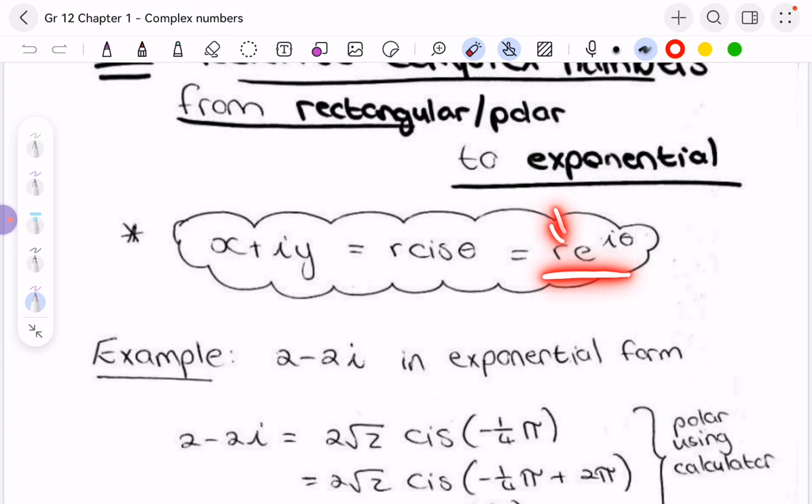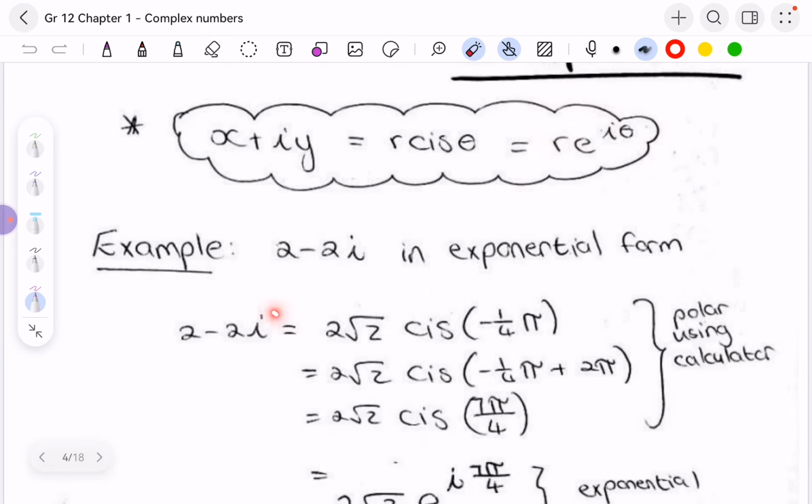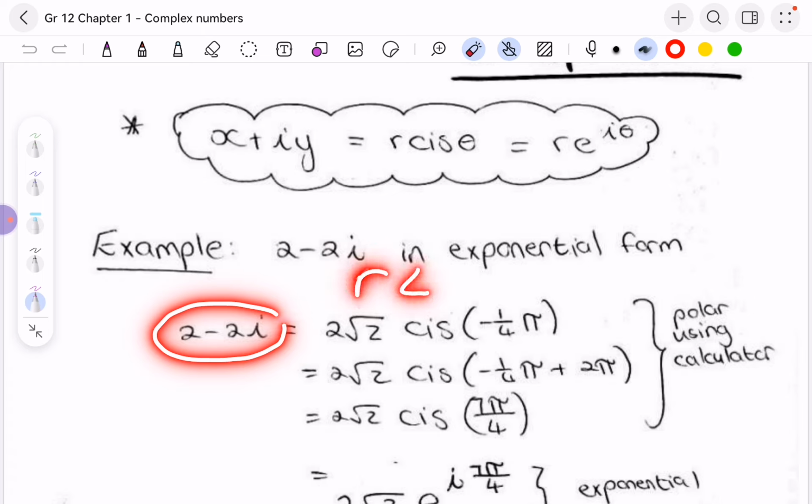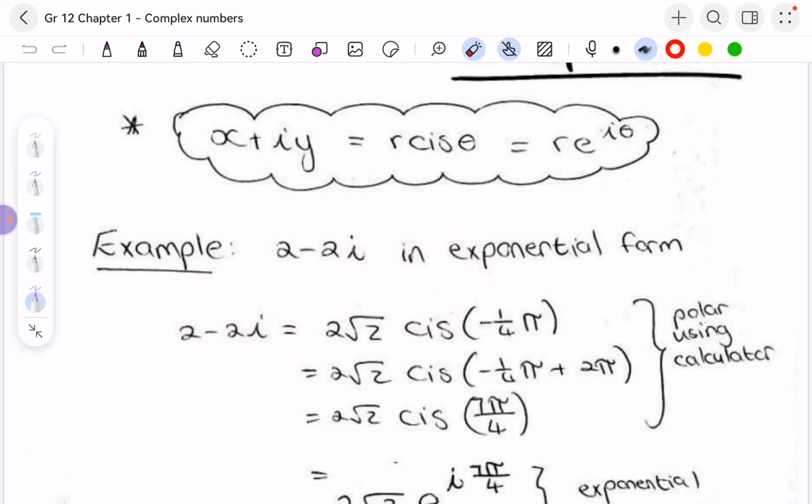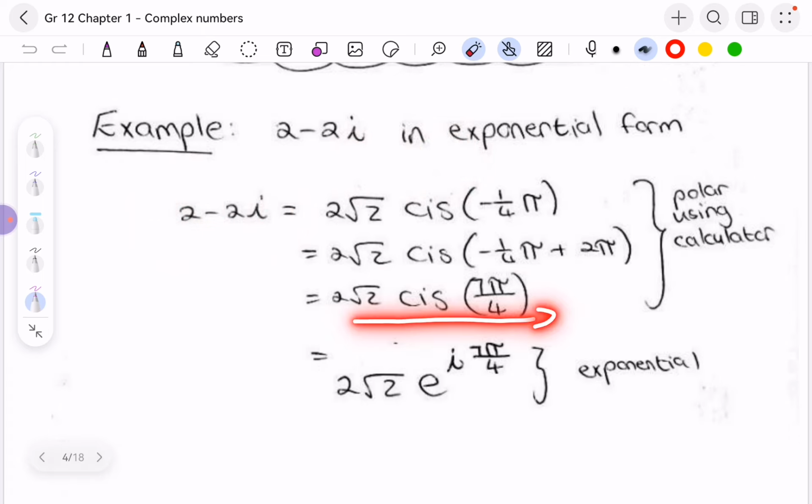Also for exponential, I need the R and I need the theta. Those exact same buttons on the calculator will give you the R and it will give you the angle in theta. After I have this, that is still my R and my angle is still my angle.